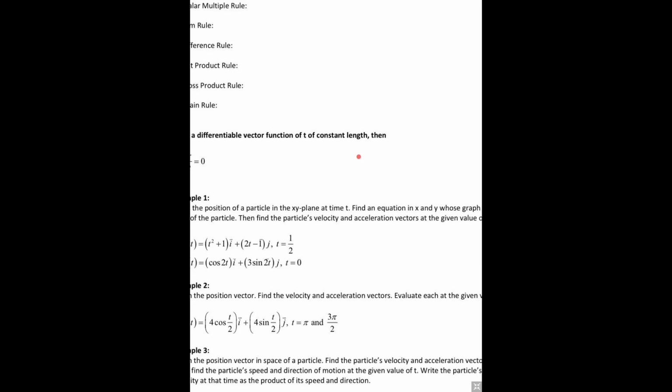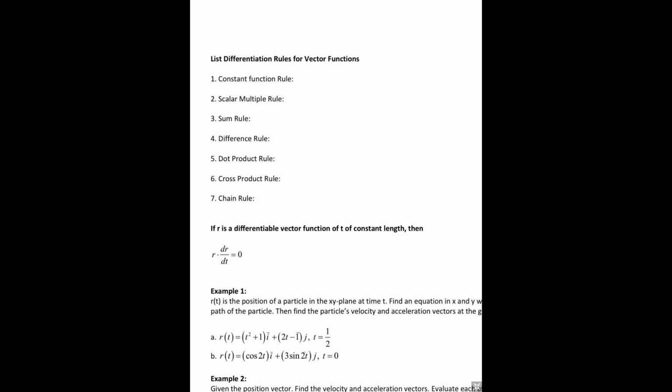Okay, so let's look at the next page. This page deals with some derivative rules. I'm going to blow this up a little bit so I can write in here. For the first one, in the derivative rules for vector functions, if I take the derivative with respect to t of a constant, it's equal to 0.